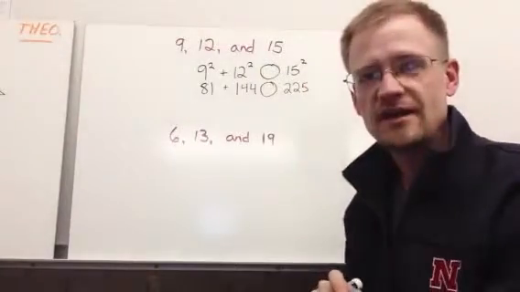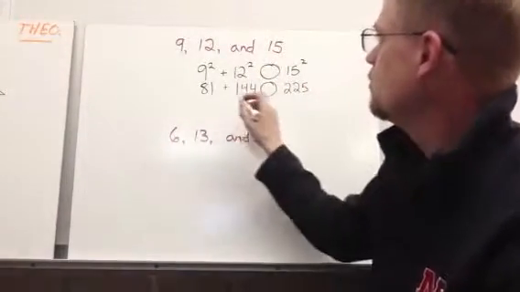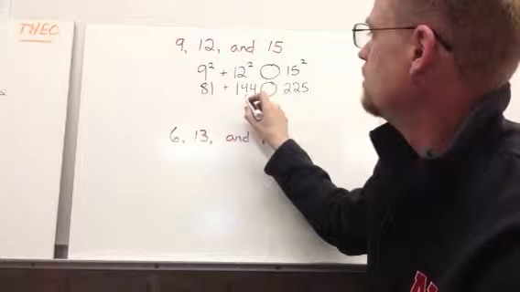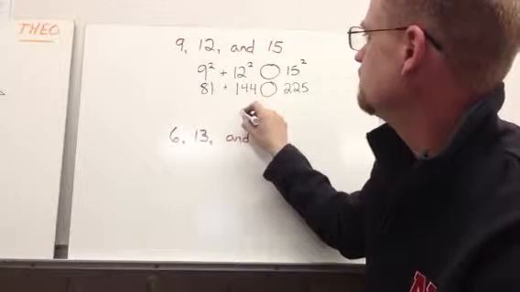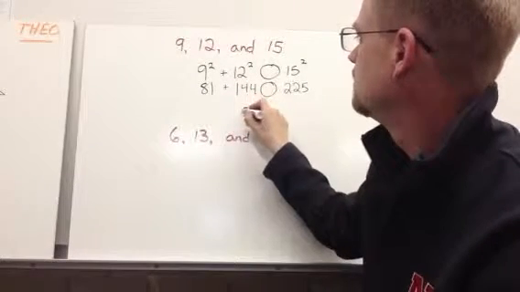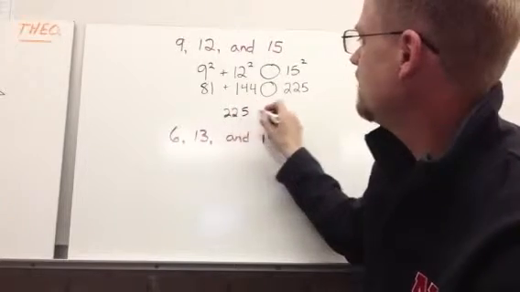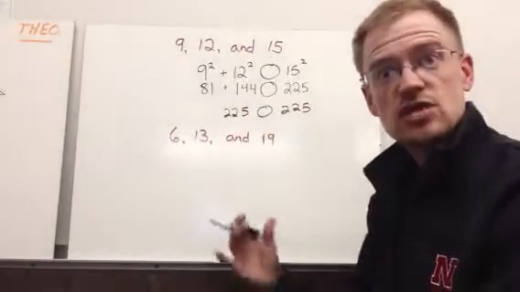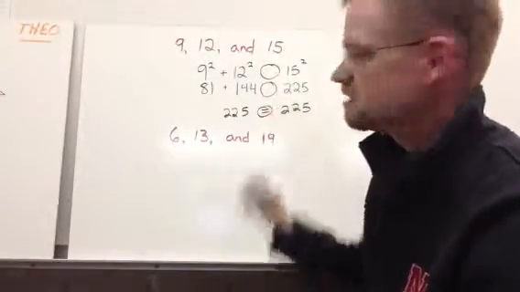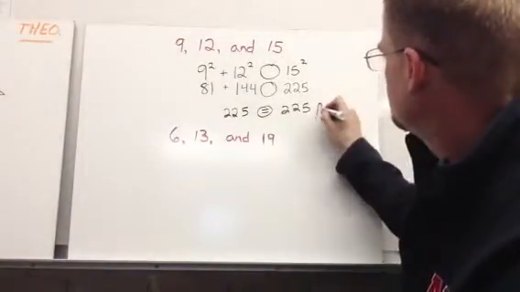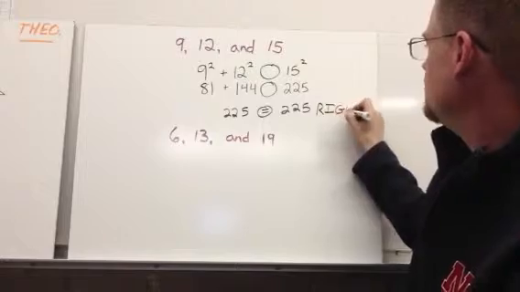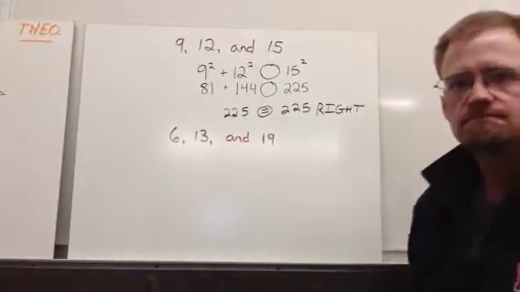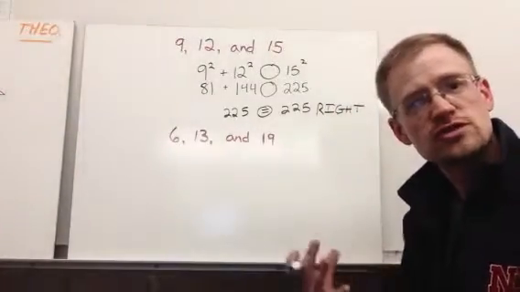Didn't work these out ahead of time. So, 81 plus 144 is going to give us, let's see, 225. Well, in this case, those are equal. Since they're equal, we have a right triangle. All right? So there's one. It turned out they're the same.